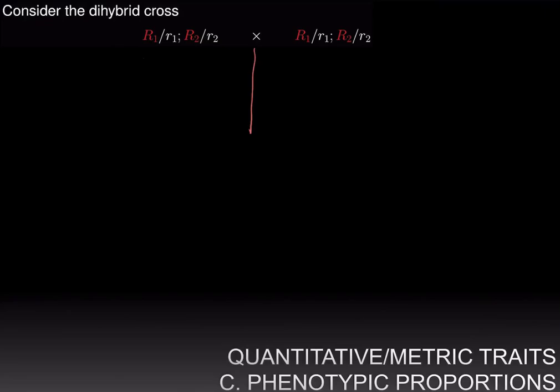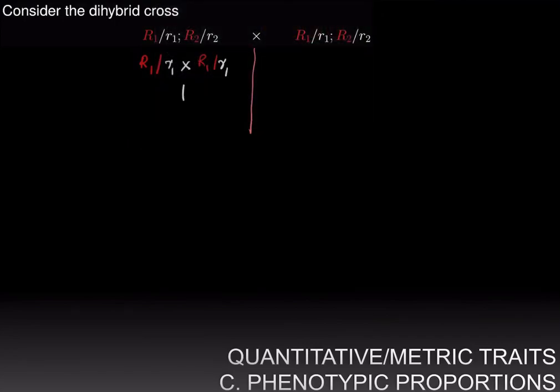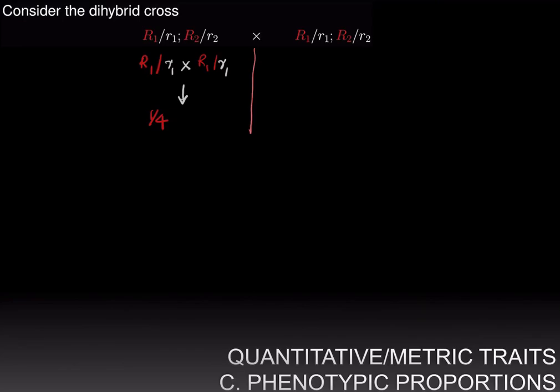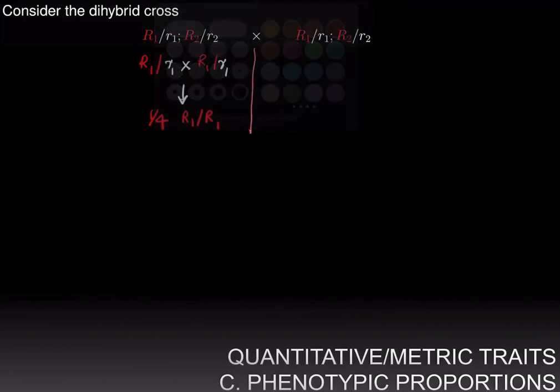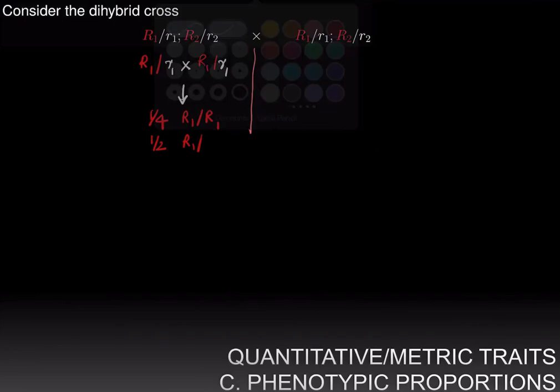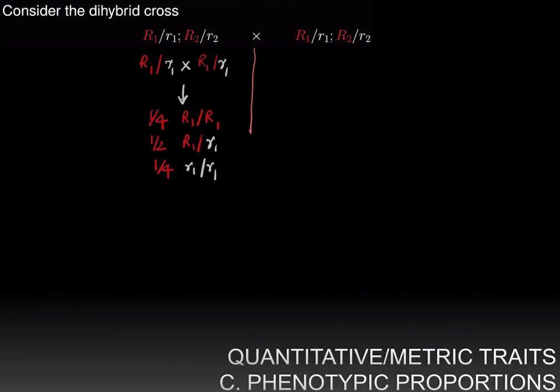And so I have big R1, little r1 cross to big R1, little r1, and this will give me a quarter individuals who are big R1, big R1, and a half of the individuals will be big R1, little r1 or hets, and a quarter of the individuals will be homozygous for the little r1 trait.